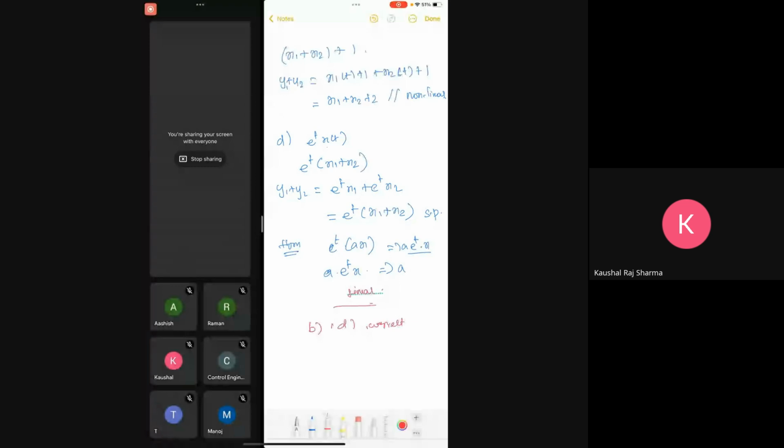For a linear system, B and D are correct. If the question is about non-linear, then A and C would be correct. But please, while attending the quiz, pay attention to what the question is asking, because it might ask which of the systems is linear. Somebody would tick all the linear systems and go.